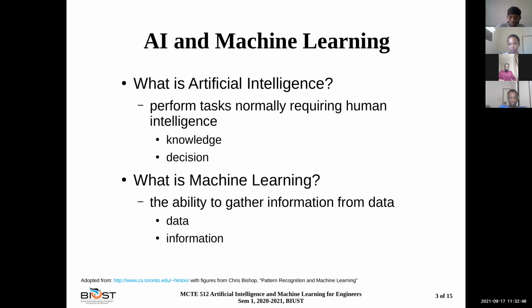But why is artificial intelligence different? Again, artificial intelligence can gather information, can extract information from data, and also can make decisions, with or without human intervention. So again, we're saying that there is more to a human brain than just gathering information and making decisions.